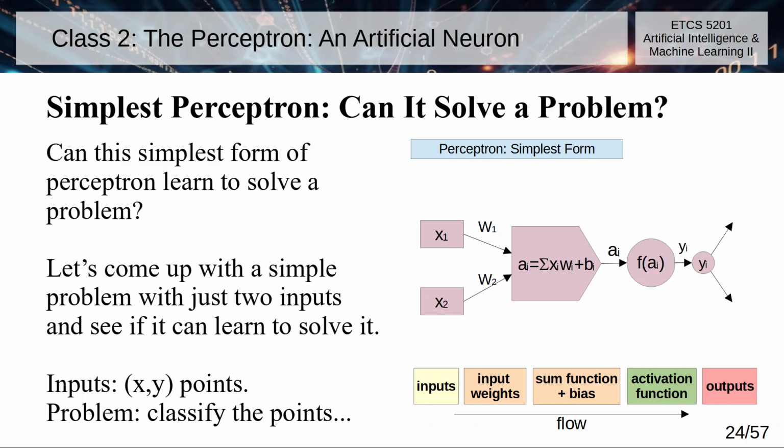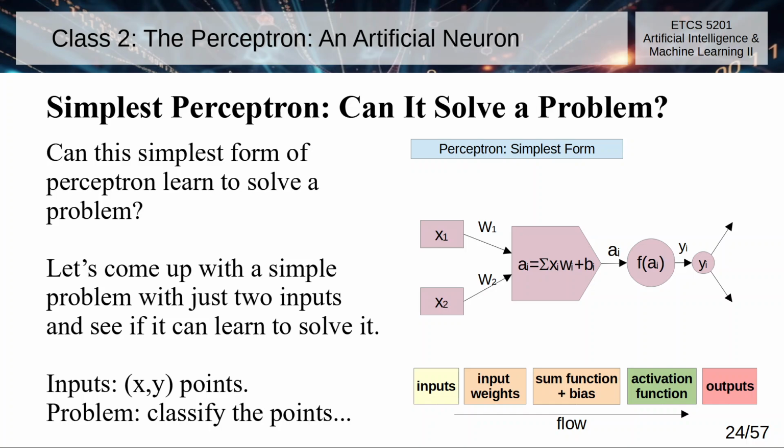And we want to train this system to classify or sort the points into 2 different groups. We're going to call them the red group of points and the blue group of points. And we want to see if we can train this where we don't have to tell it which point belongs to which class. We're going to teach it and have it figure it out on its own.